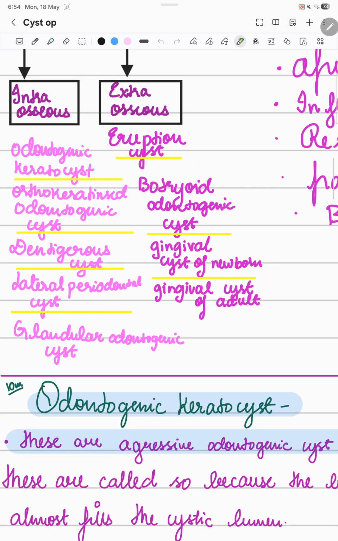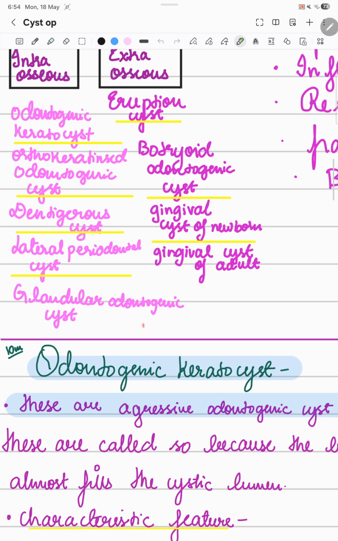So how I remember this is DOLOG. D stands for your dentigerous cyst, O stands for your orthokeratinized cyst, another O stands for your odontogenic keratocyst, L stands for your lateral periodontal cyst, and G stands for your glandular cyst.